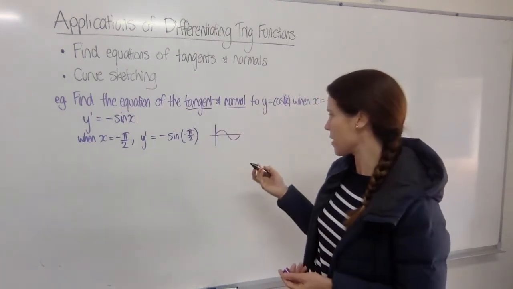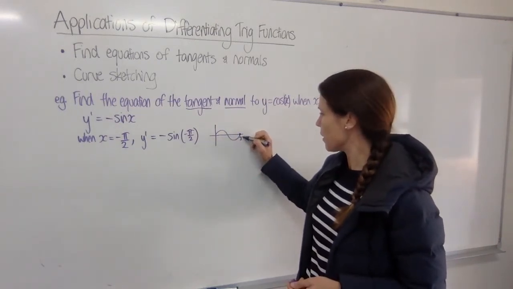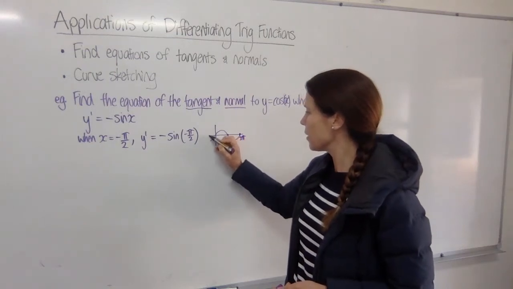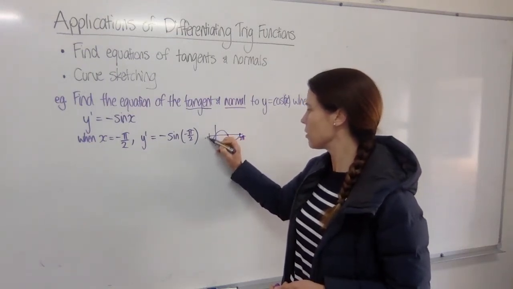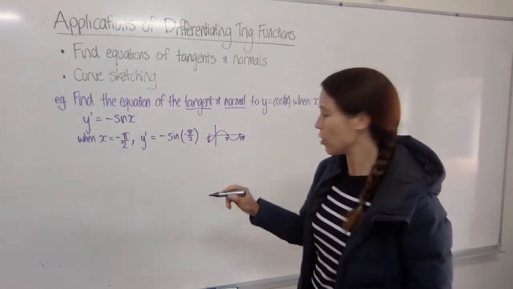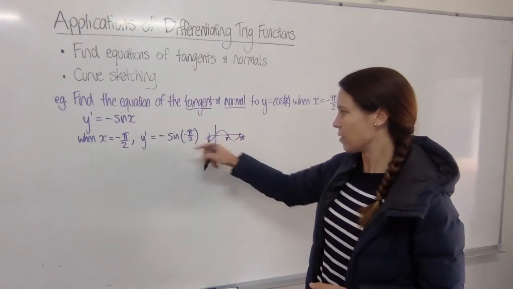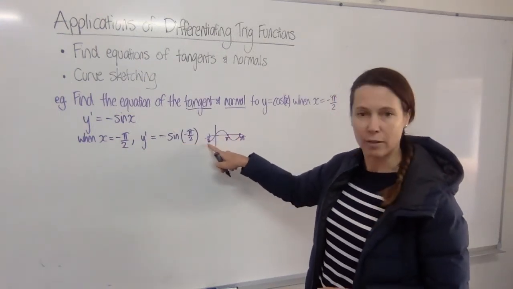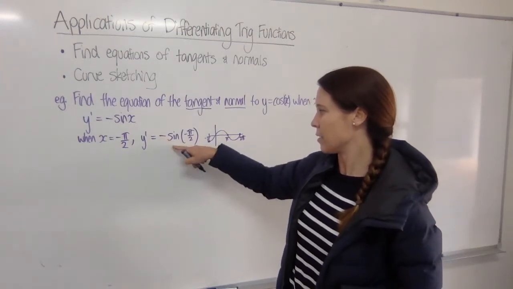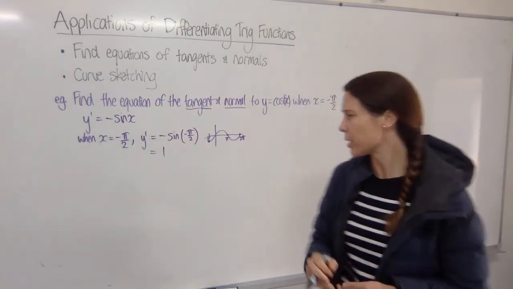I know that it goes like that, and a quick squiggle, I've got it there. So if I know that this is 2 pi, this is pi, then over here, negative pi on 2 is where it's down at the bottom of its curve here, just to the left of the origin. So I know exactly what the sine of minus pi on 2 is. It's negative 1. So if I have negative 1, then that just gives me 1. So there we go, I found my gradient there.